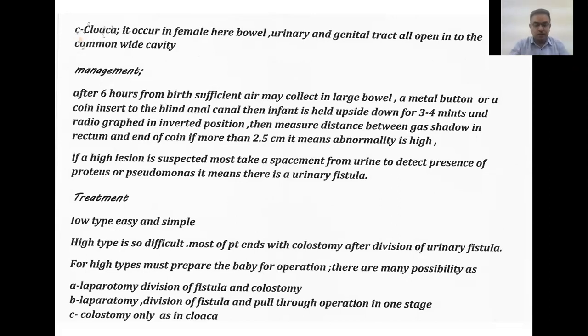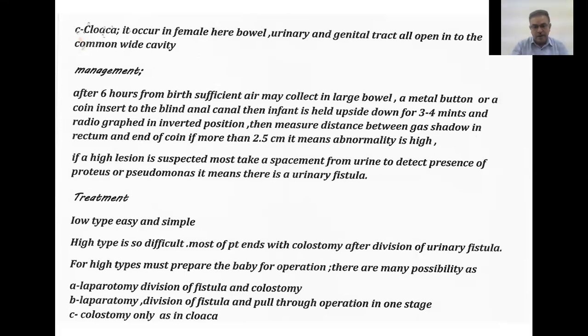The treatment of congenital abnormalities: low type is easy and simple. High type is so difficult. Most patients end with colostomy after division of the urinary fistula. For high types, you must prepare the baby for operation.